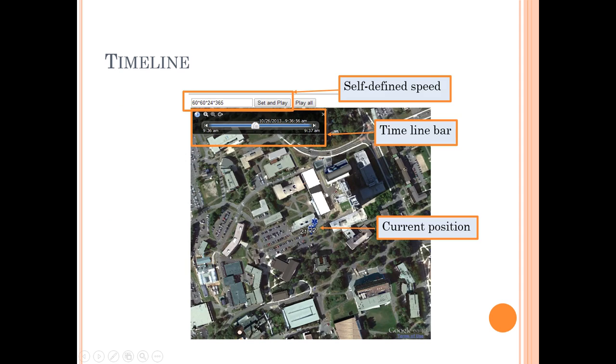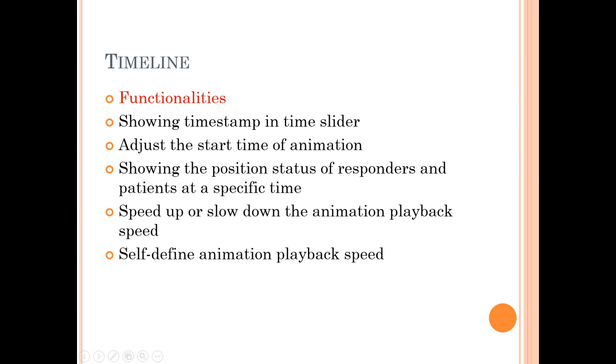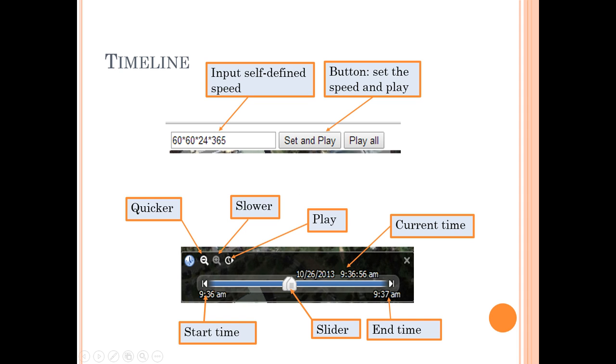Now let's take a look at the second function, which is to adjust the start time of animation, which is also achieved by the slider. If you put the slider forward and click the play button, the animation will be displayed from the time where the slider was.